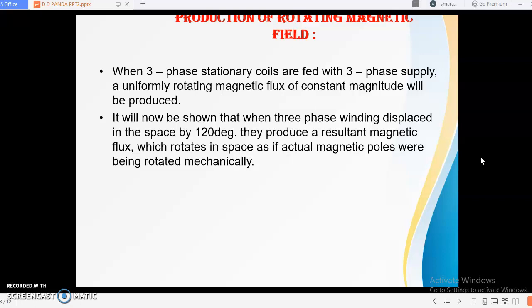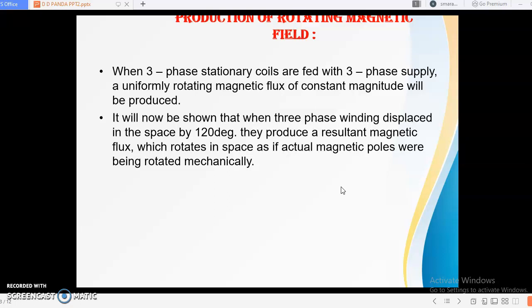When three-phase stationary coils are fed with three-phase supply, a uniform rotating magnetic flux of constant magnitude will be produced. Let me tell you, we know whenever there is a presence of coil and a supply is being fed to that coil, there will be production of fluxes.